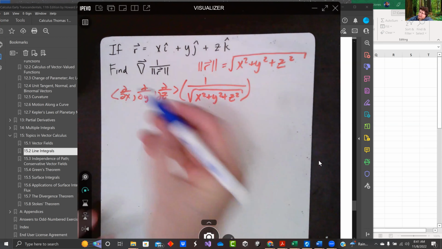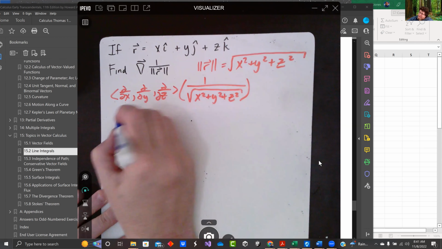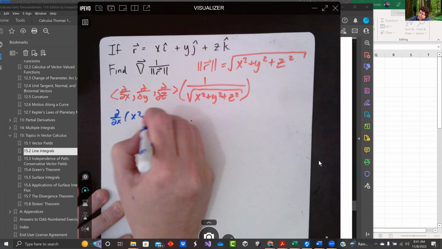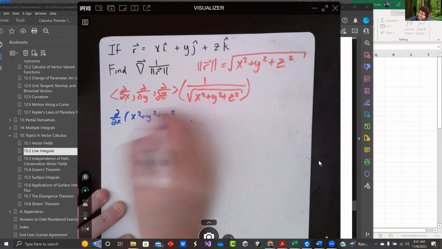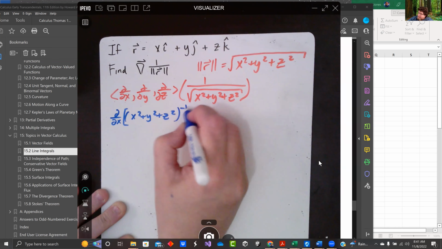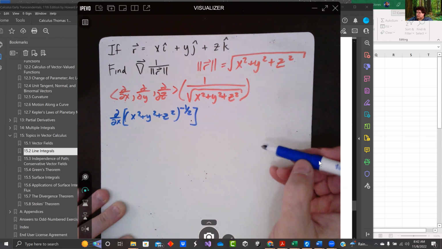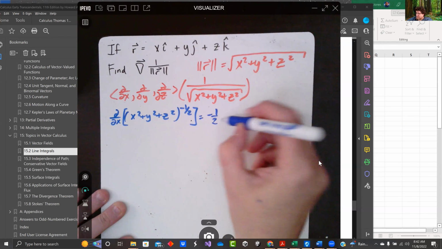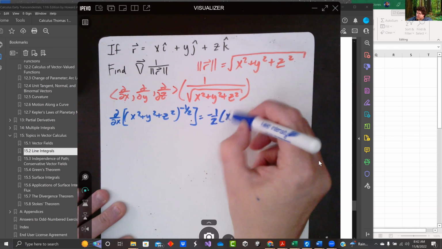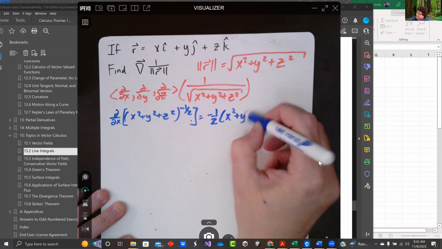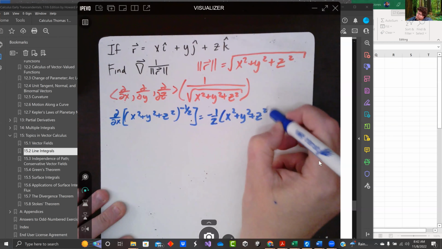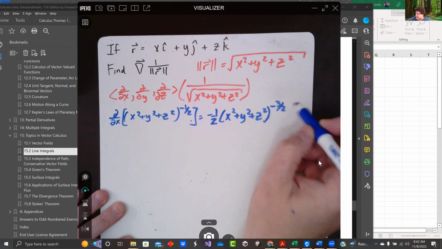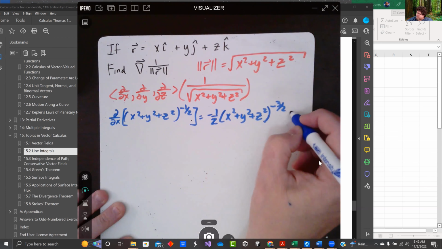Let's just do one of them and we'll translate it to the rest. So d/dx of x squared plus y squared plus z squared to the negative 1/2. We bring down the power and lower the power by 1. Chain rule says we take the derivative of the inside and we get 2x.